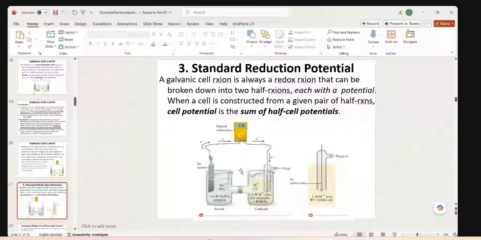So when you look at this galvanic cell, the cell potential here is 0.76 volts. Now here, one electrode is made from zinc metal. The other electrode is made from hydrogen.